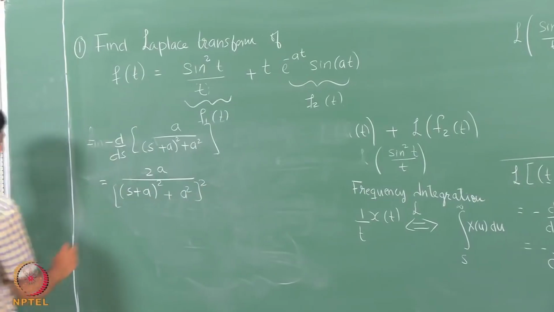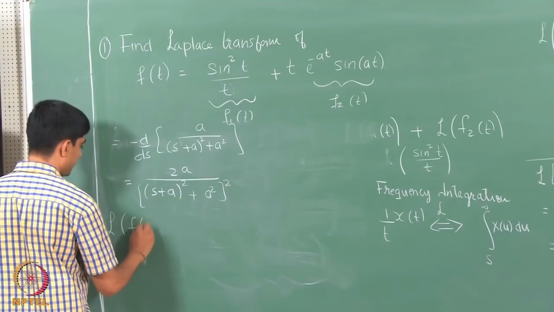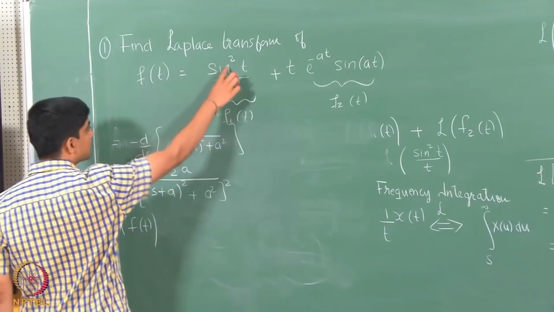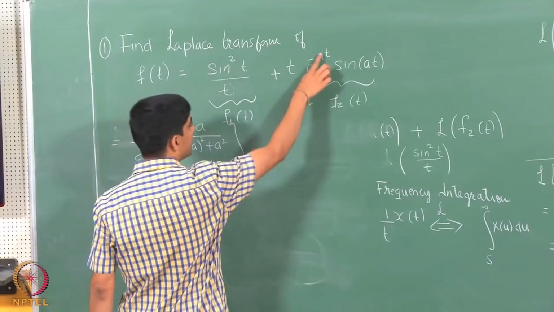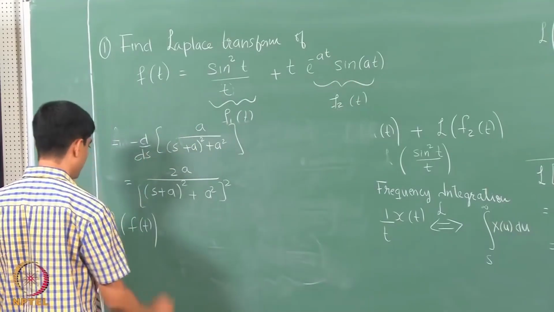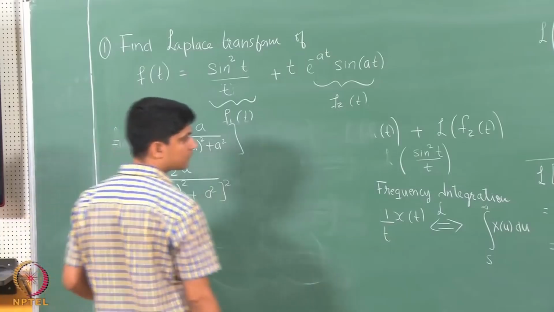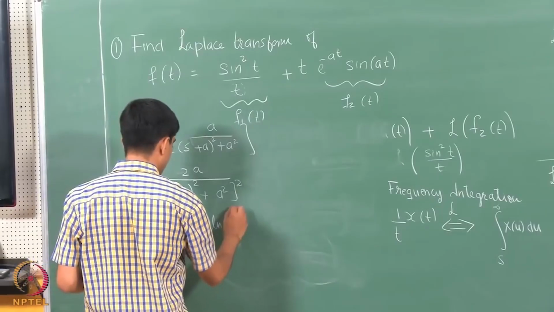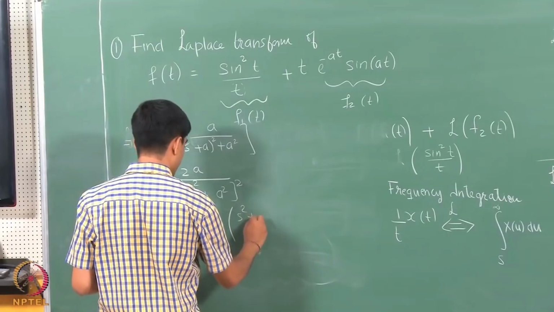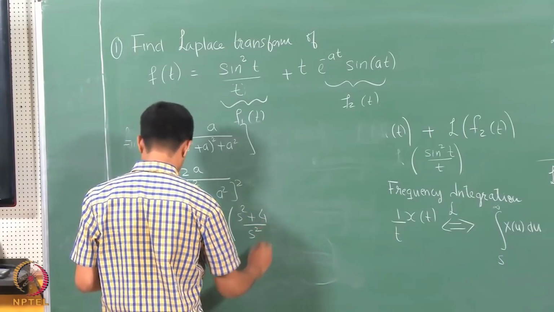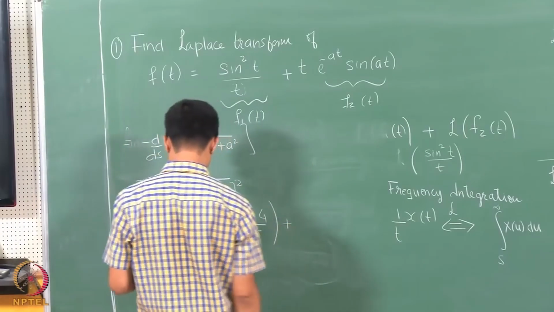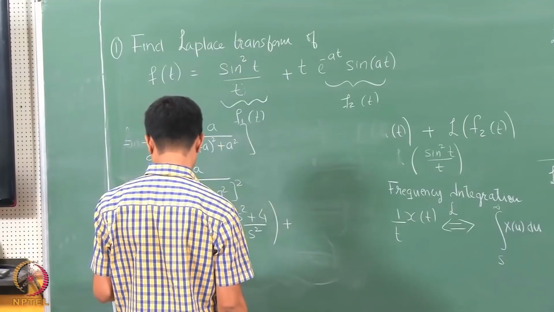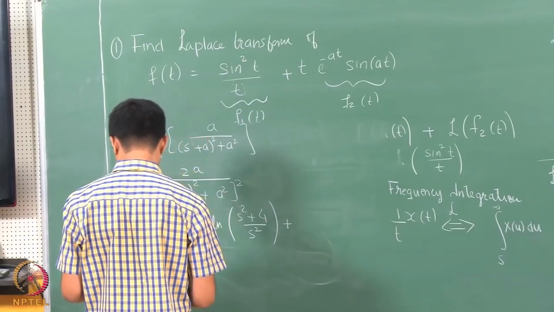And therefore, the Laplace transform of our signal f of t is a combination of sine square t over t plus t e power minus a t sin of a t would be just this one, right. The first guy was this one over here, 1 over 4 log of s square plus 4 by s square plus, okay.